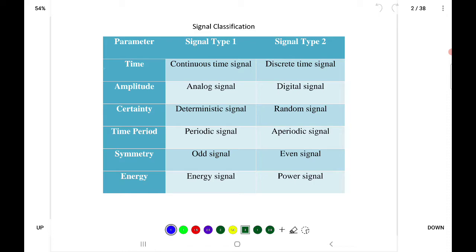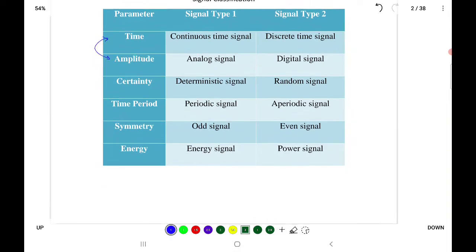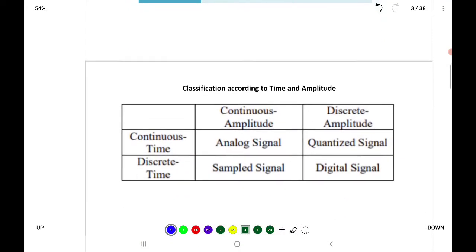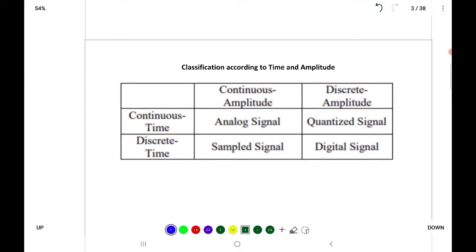I'm going to collect time and amplitude only in one package, and we are going to see what are the types of signals according to these two factors. In general, the time can be continuous or discrete, and the same thing, the amplitude can be continuous or discrete. So if you have a signal which is continuous time and continuous amplitude, this signal is called analog signal.